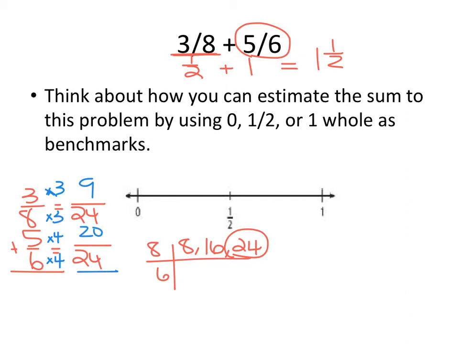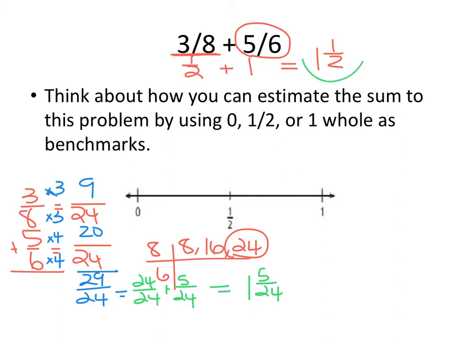Now when I add, I have 29/24ths. I know I can make another whole number there because it takes 24 24ths to make a whole, and that would leave us with 5 more 24ths. That can be rewritten as 1 and 5/24ths.